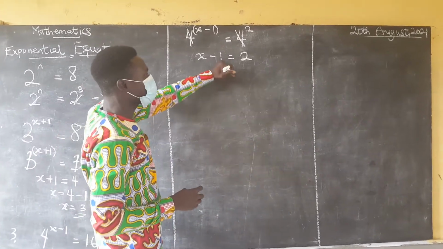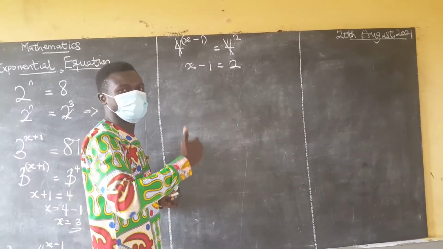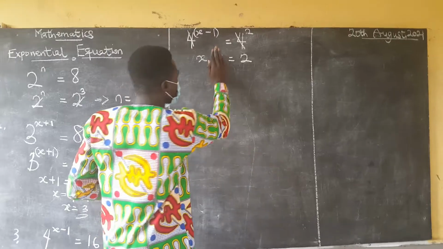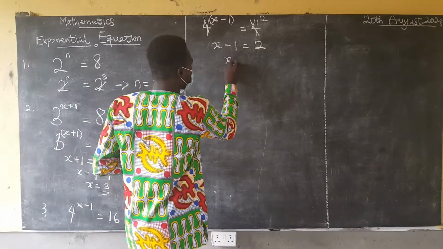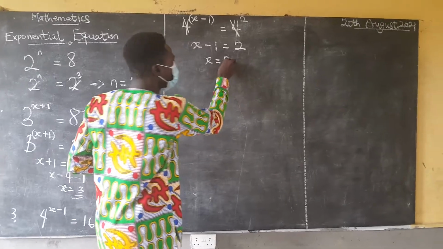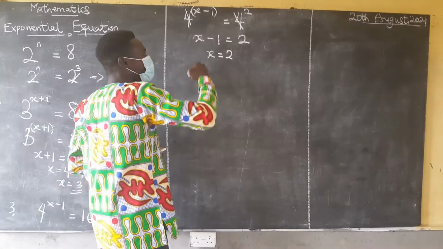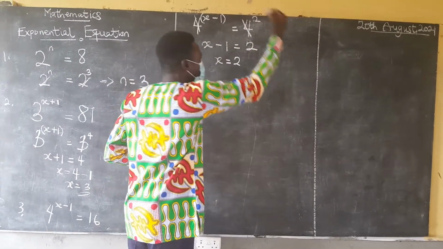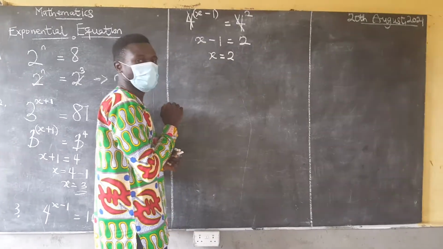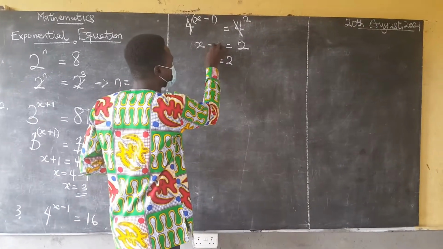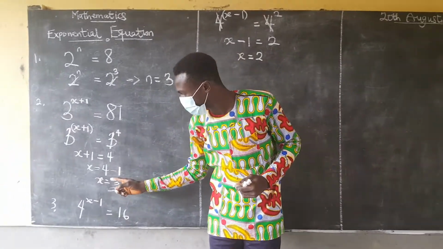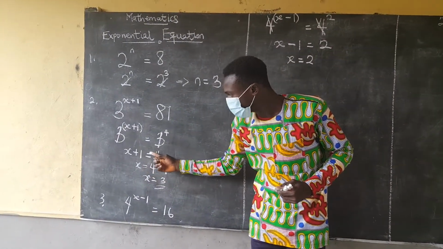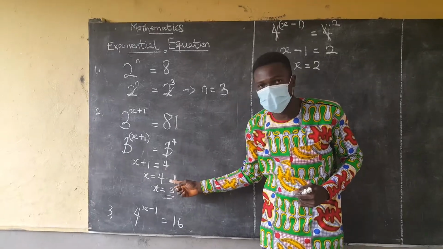So after getting something like this, I want x is equal to. If I cover the -1 here, I have x is equal to 2. So I will let the -1 come to the side of the 2. But this sign is negative. When the sign was positive and it crossed the equal to sign, it became negative.